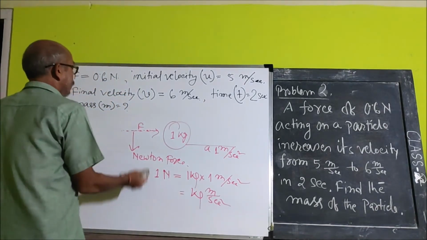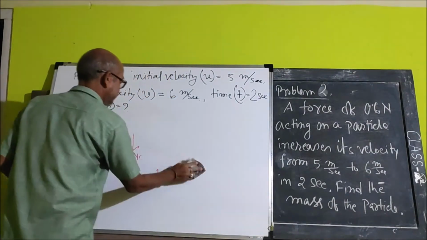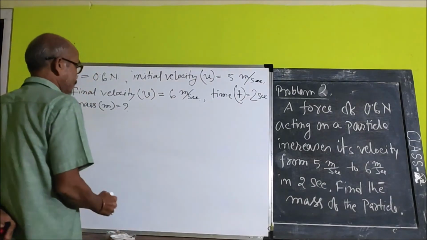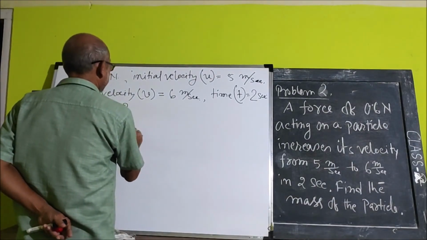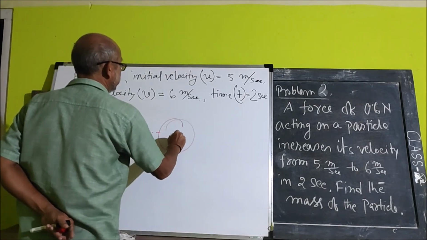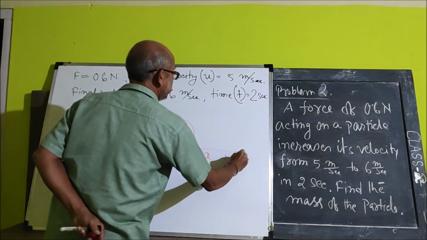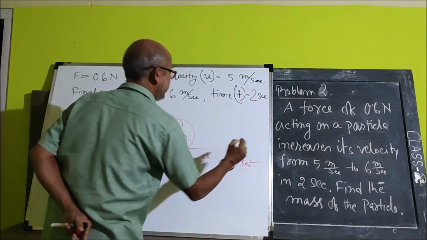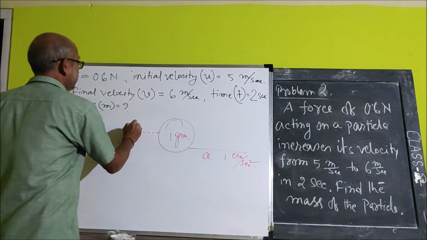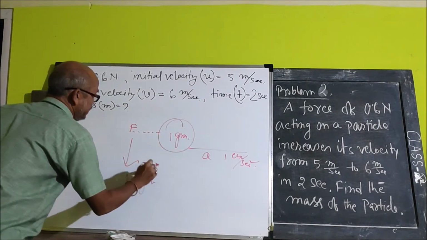Like this, what is dyne force? One dyne force means when a force applied on a body of 1 gram produces acceleration 1 centimeter per second square, then the applied force is called 1 dyne force.